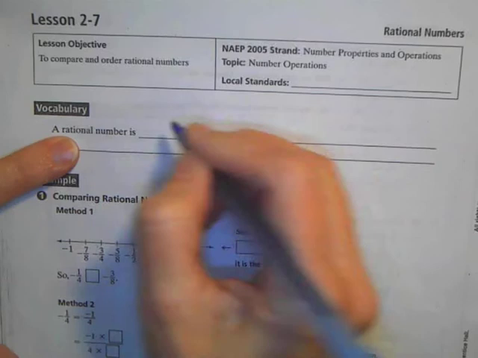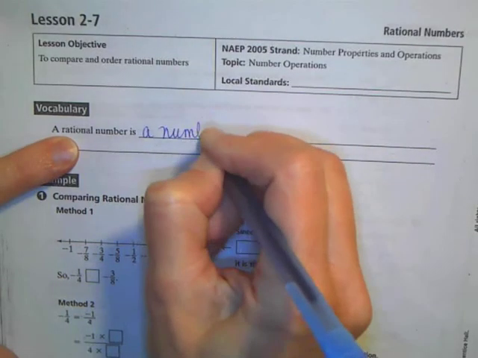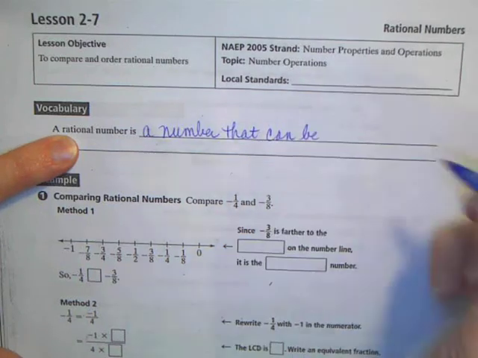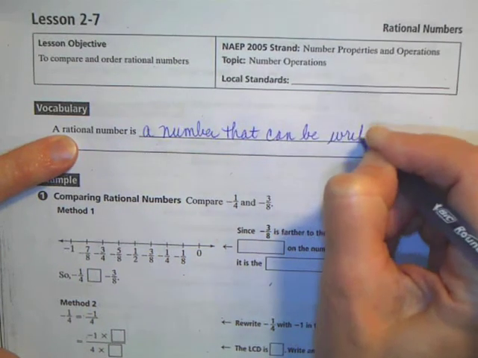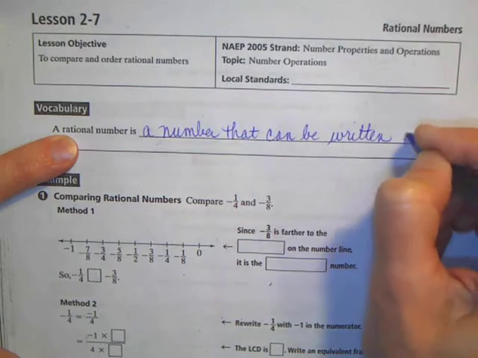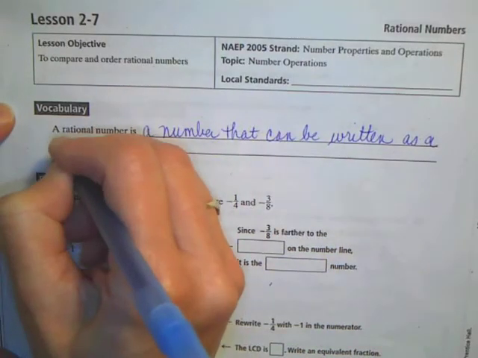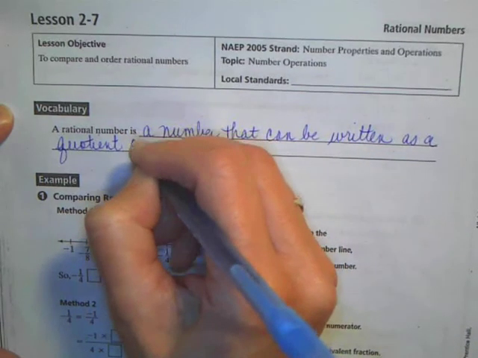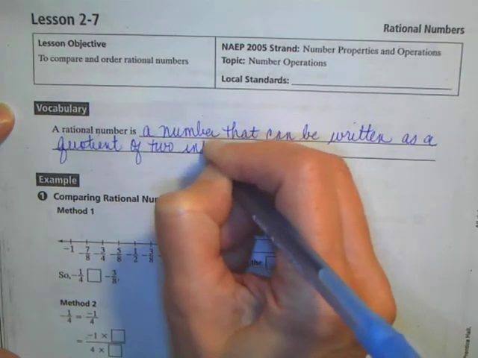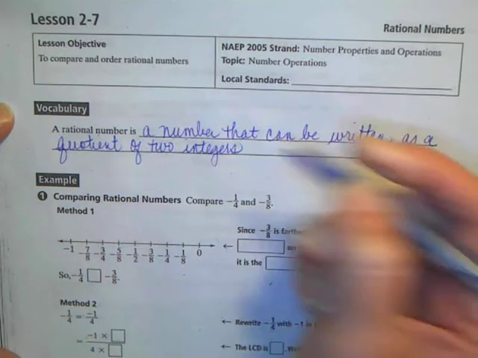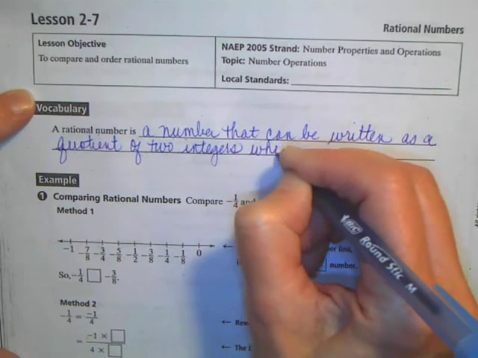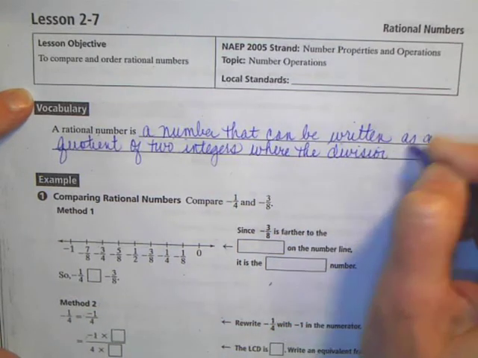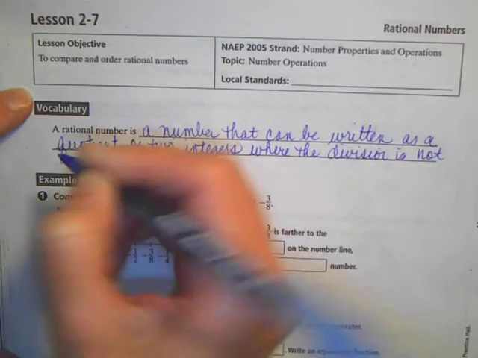A rational number is a number that can be written as a quotient of two integers where the divisor is not 0.